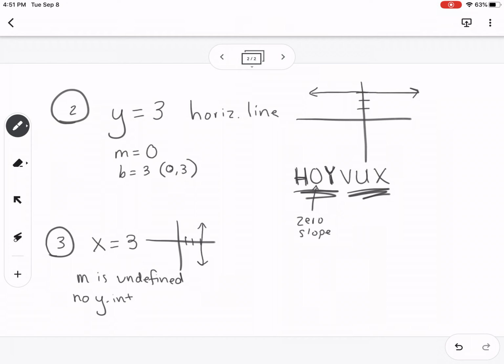So x equals 0 is the exception. That does have a y-intercept. It actually has an infinite number of y-intercepts. So that's just a side note there. And we just said this is a vertical line. Note that these are already in standard form, so I wouldn't say to you, please rewrite them into standard form. They already are in standard form.